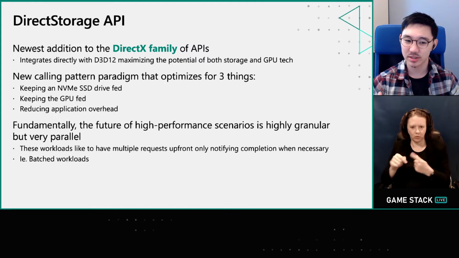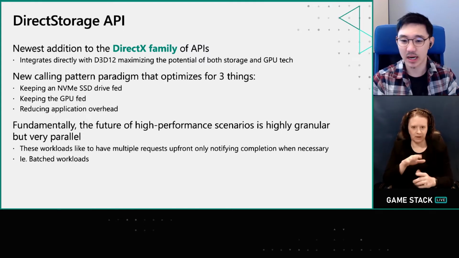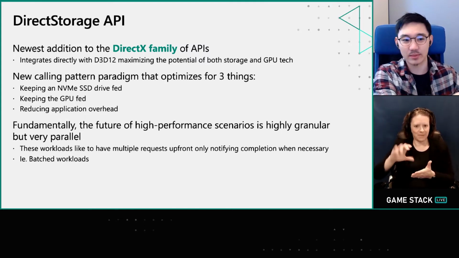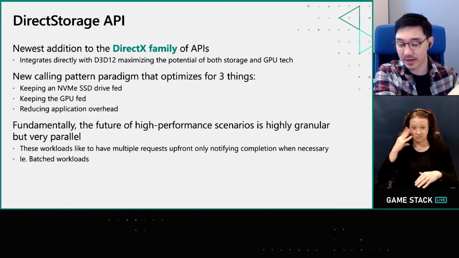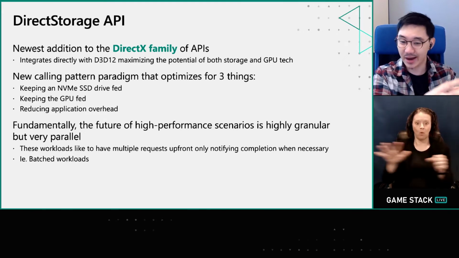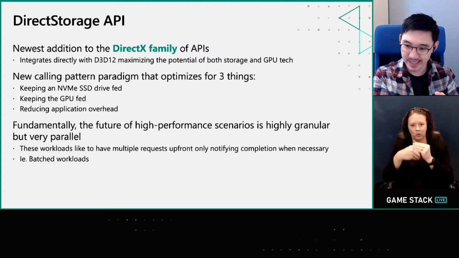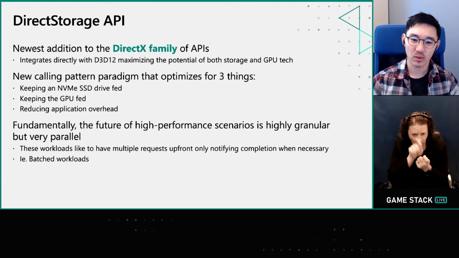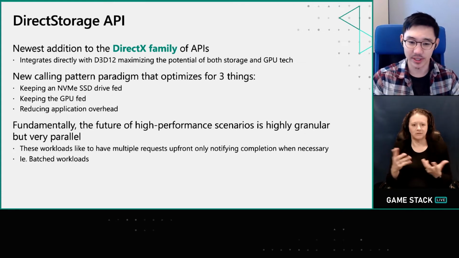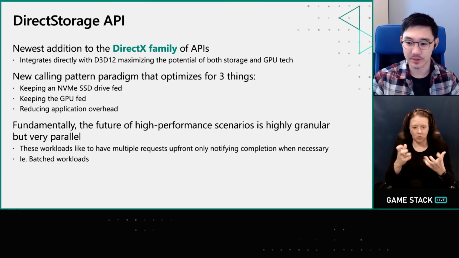And that essentially becomes a batch workload. In the past, you might have seen games: you load the entire thing and then you go. Now we get down to the granularity of textures, and then the granularity of MIPS. And we're going even further down to the granularity of tiles. That's highly granular, but you want to deal with a lot of things in parallel to be efficient.